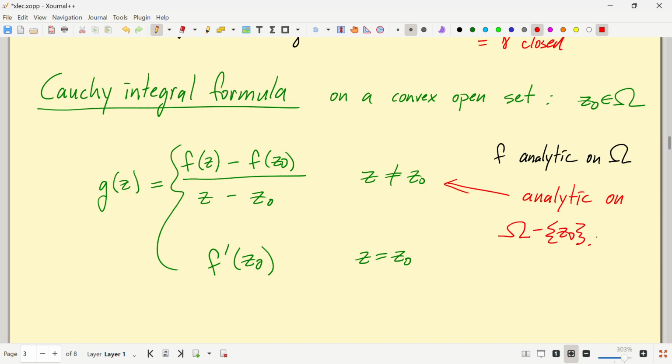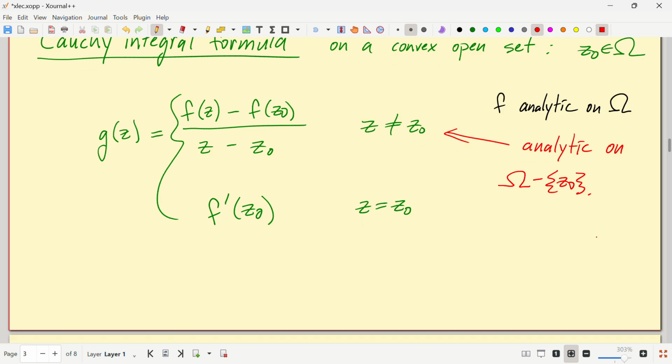And because f is analytic, f is continuous. Not f, g. So g is continuous at z naught.